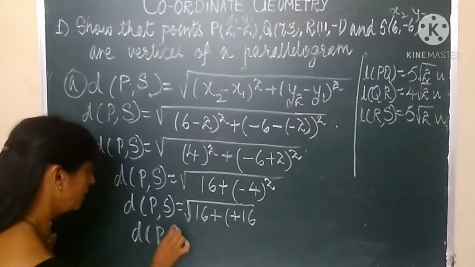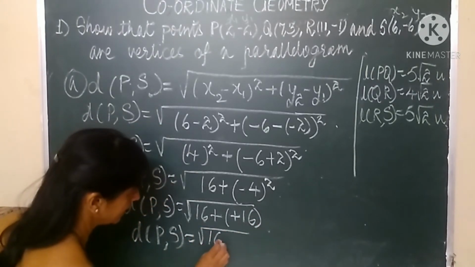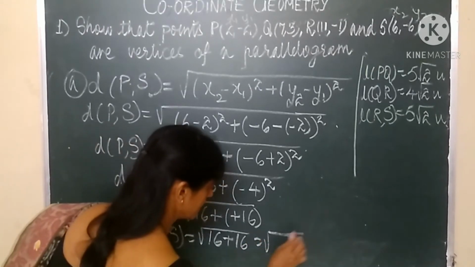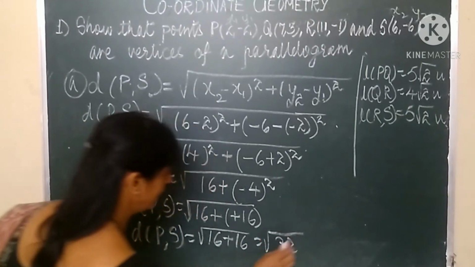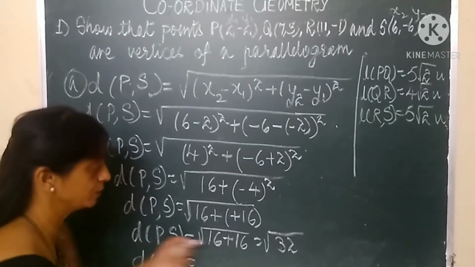So to move on, distance PS will be equal to 16 plus into plus is plus, 16 plus 16 gives us 32. Let's factorize. So distance PS will be equal to root 32.